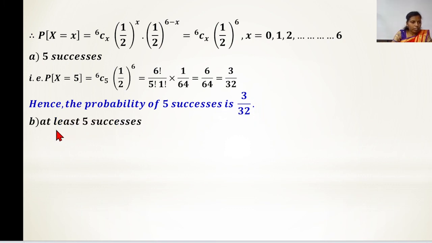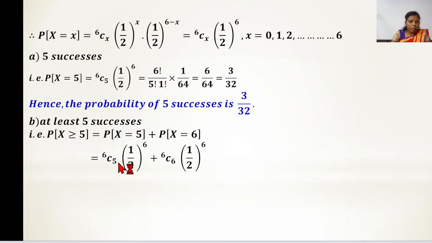Now the next part is at least 5 successes, that is probability of X greater than or equal to 5. Here the values are only 5 and 6, so we add the probability of X equal to 5 and the probability of X equal to 6. By the formula 6Cx into (1 by 2) raised to 6, we replace x by 5 and 6: 6C5 into (1 by 2) raised to 6 plus 6C6 into (1 by 2) raised to 6.